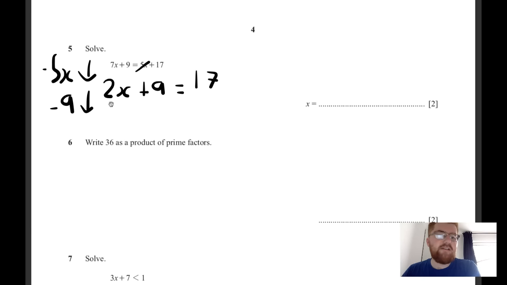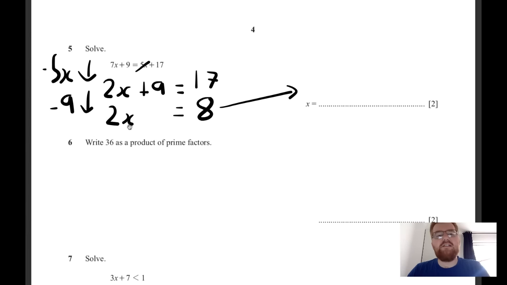So 2x stays the same. 9 minus 9 cancels. And 17 minus 9, well, that will give us 8. And from there, if 2x is equal to 8, well, 2 times something is 8, x must be 4. And that's our answer.